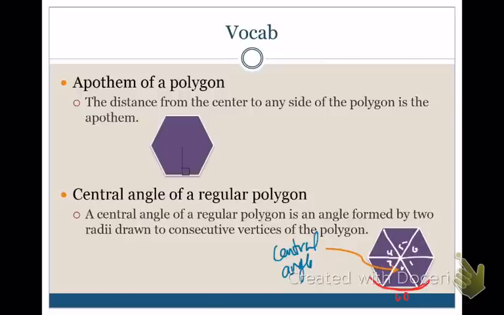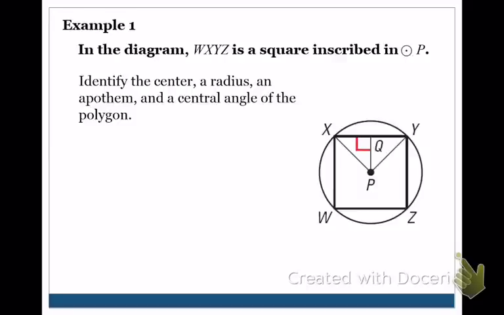Therefore, to find the measure of a central angle, it's the same as finding those chords. We would just take 360 divided by 6 and find out that the central angles are 60 degrees. It's something else that we're going to have to do as we find these areas. Now, we'll start putting all of this together in just a moment.